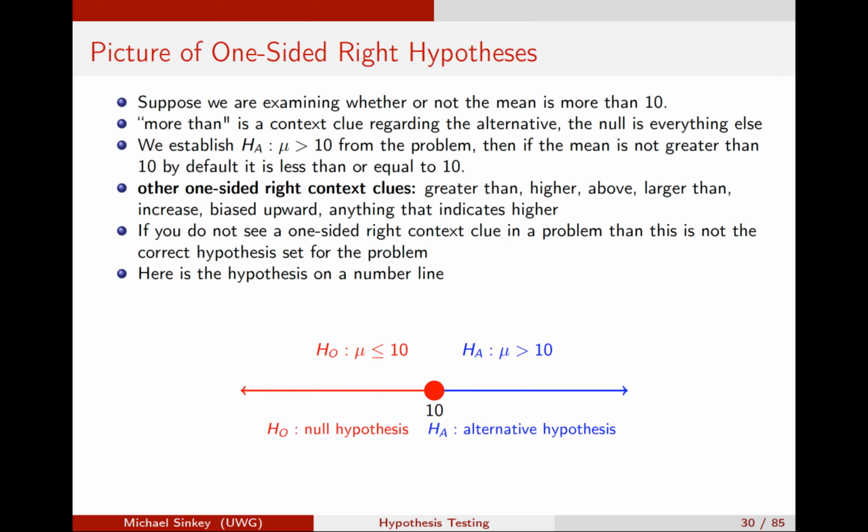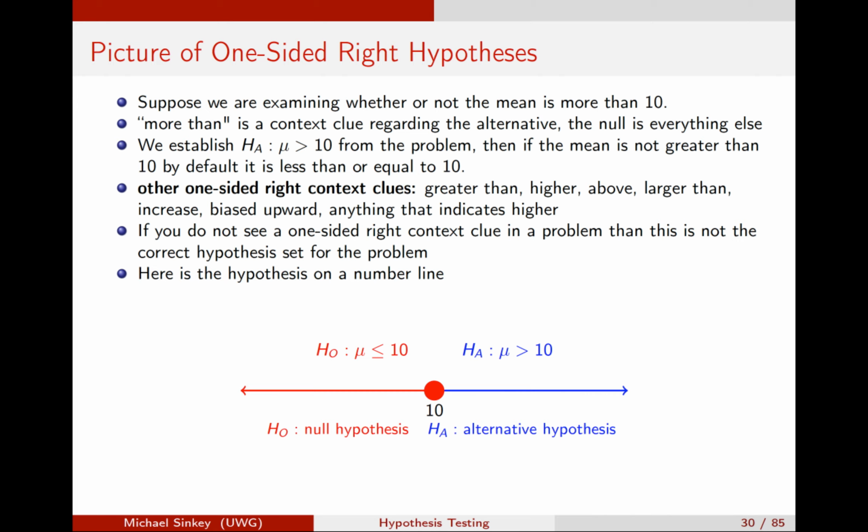When looking to figure out the hypothesis as part of a problem, I look for the following context clues. I look for greater than, higher, above, larger than, increase, biased upward, anything that indicates higher.